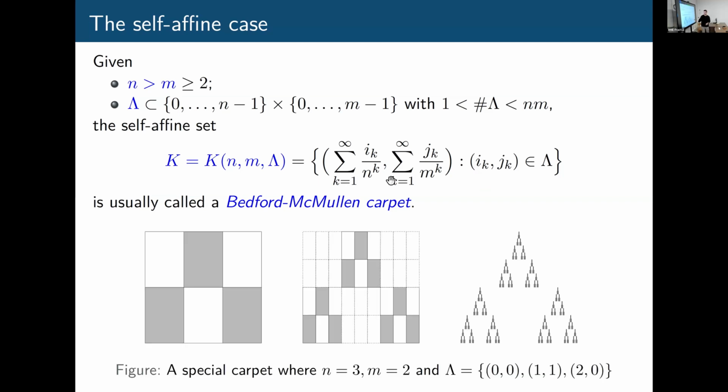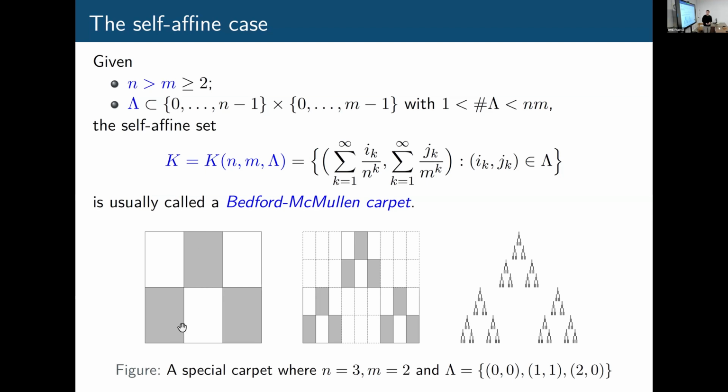Okay, so here we have an example of the Bedford-McMullen carpet. As we can see, I myself prefer n to be strictly larger than m, so the carpet actually stands instead of lying down. And so we are looking at very long, thin rectangles which are standing up.